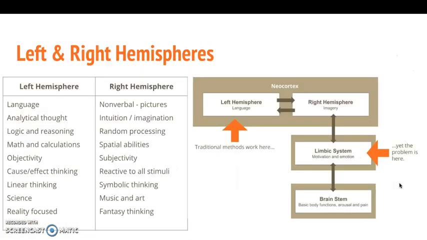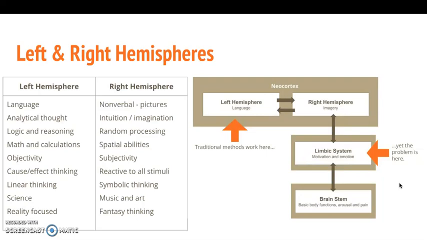Further examination of the brain gives us insight into why we would use a trauma-informed approach instead of more traditional methods of behavioral intervention. The neocortex is divided into left and right hemispheres.